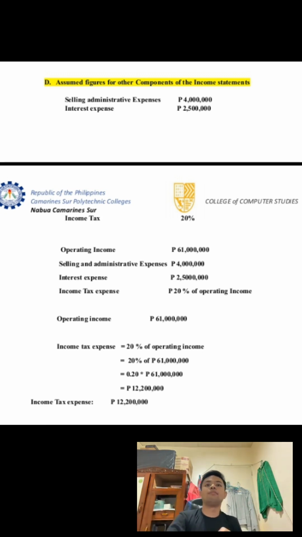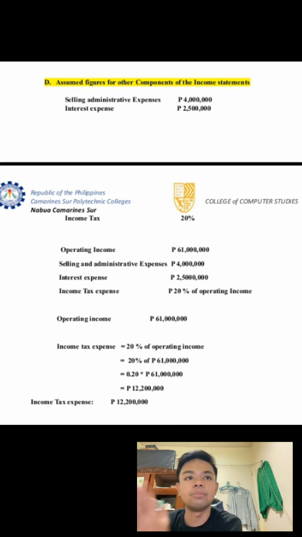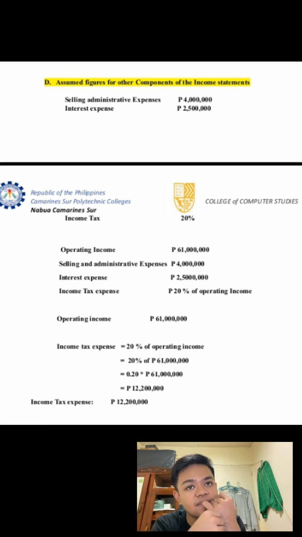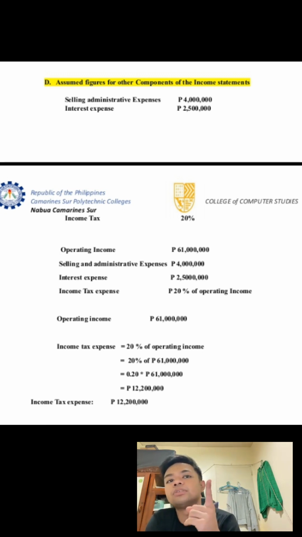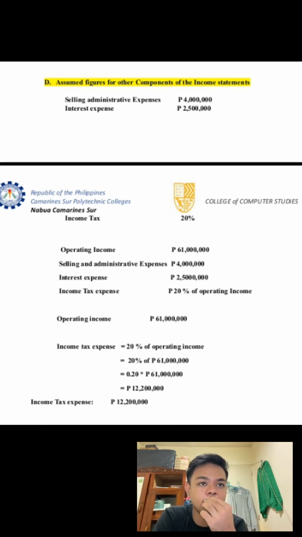The formula for income tax expense would be operating income subtracted by interest expense, then multiplied by the tax rate. Let's move on. Net income can be calculated using this formula: operating income subtracted by interest expense and subtracted by income tax expense.